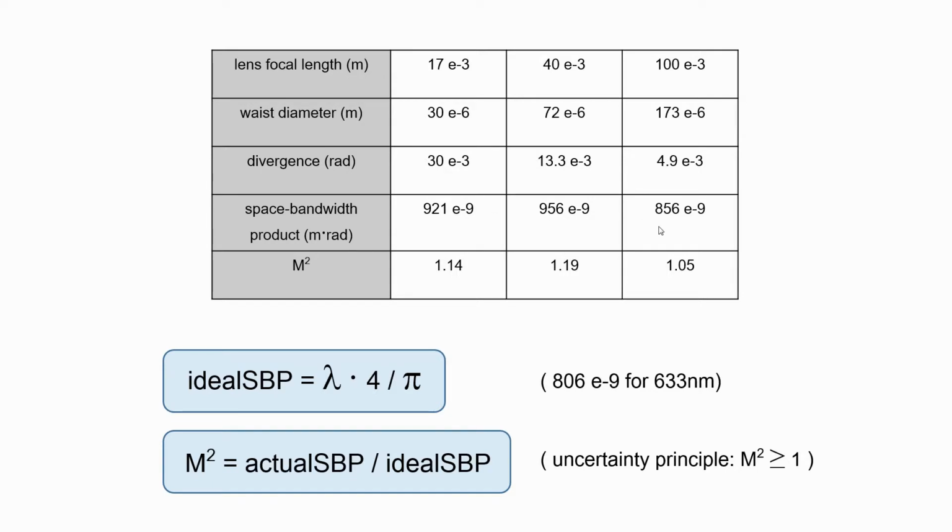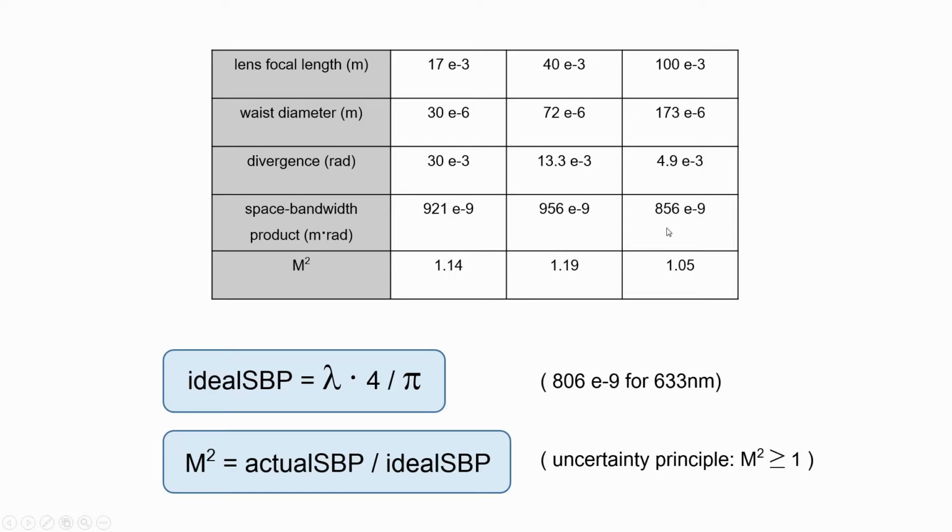And here you can see that for all 3 of these beams, which are quite different in their waists and diameters, the space bandwidth product is roughly constant. Now, the concept of space bandwidth product applies to all different kinds of light, not just laser light.